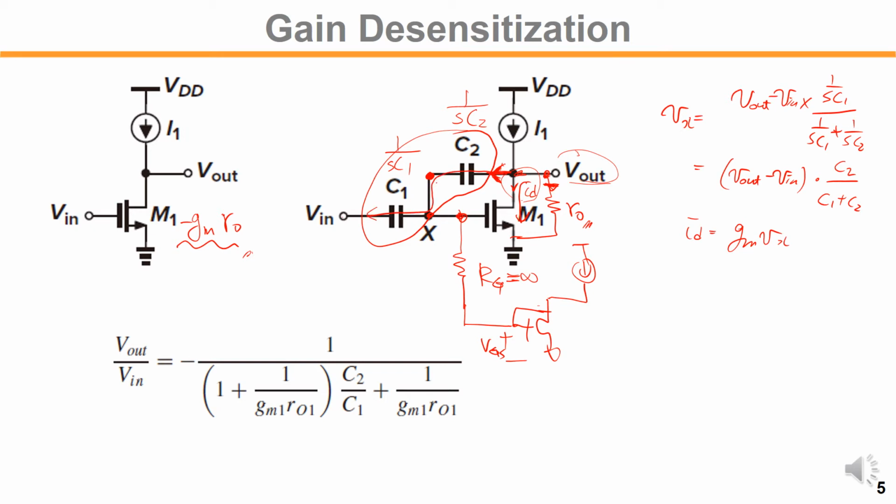So let's say IC, what is that? The current through C1 and C2 would be V out minus V in over impedance. What is the impedance? C1 and C2 in parallel, so 1 over S C1 and C2 in parallel.